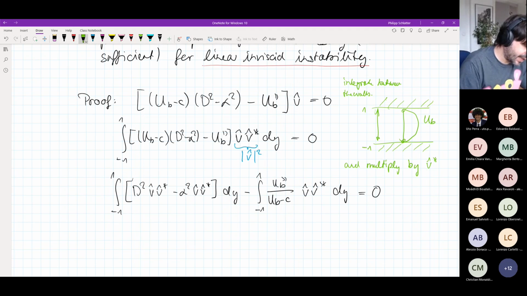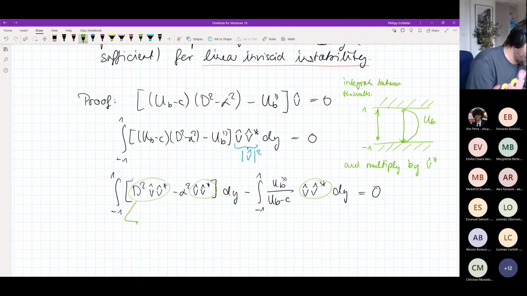Now, what we can see here is that this term and this term are kind of easy to treat. In this term, I have the second derivative, d squared of V hat star. What I would like to do here is to evenly distribute this derivative d squared among V hat and V hat star.